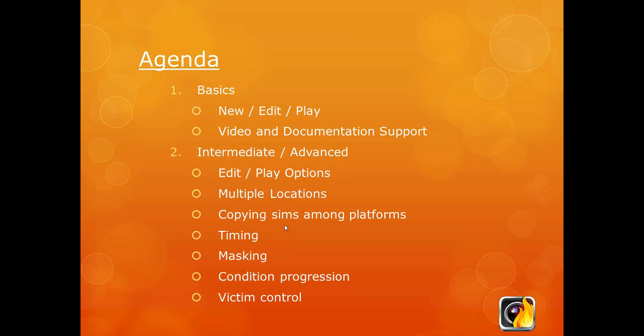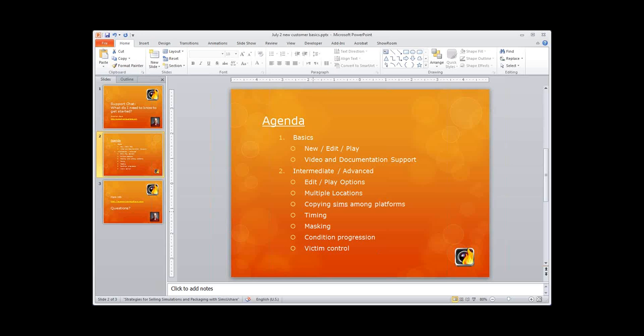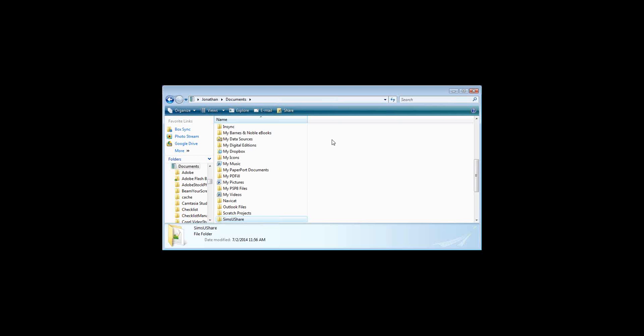That way if you're copying between platforms, and again on the support site we show how to transfer Sims from computer to computer, or from mobile to computer and things like that as a manual process. If I go over to, let me open up my documents here. When you're working in Windows and Mac, you'll see in your documents folder there is a SimsUshare folder that gets created.